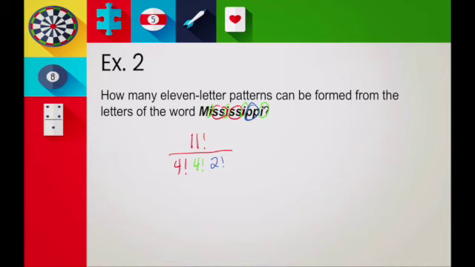If you're doing this in your calculator, you're going to need parentheses around that denominator. And so if you do 11 factorial over 4 factorial, 4 factorial, 2 factorial, you get 34,650, which is still a lot.